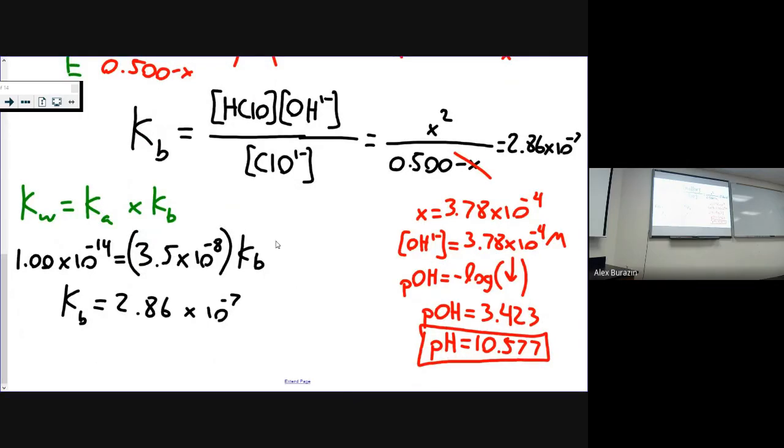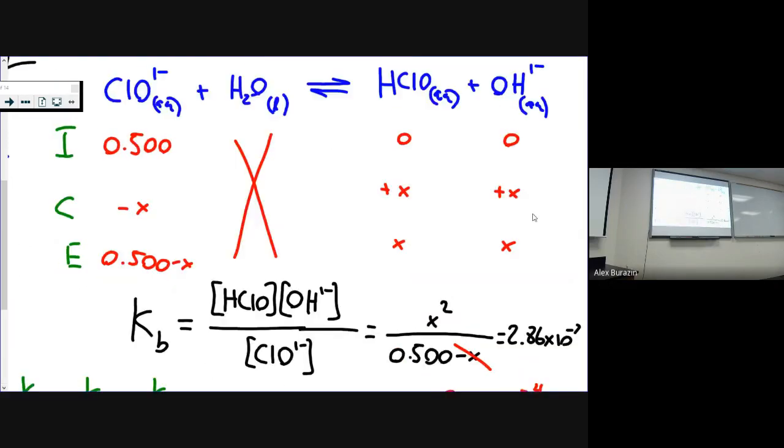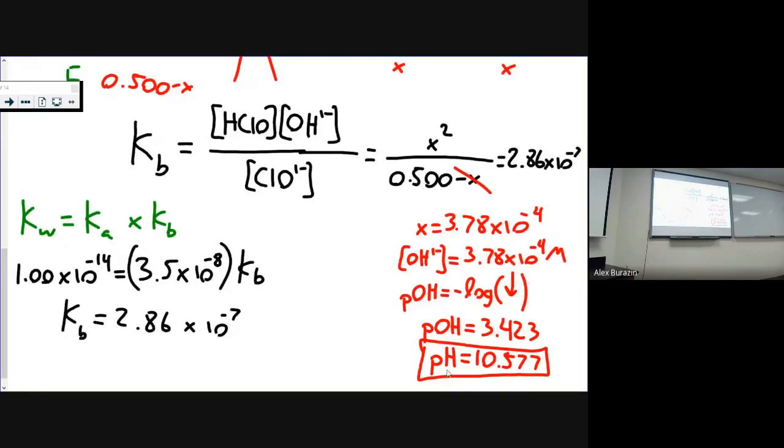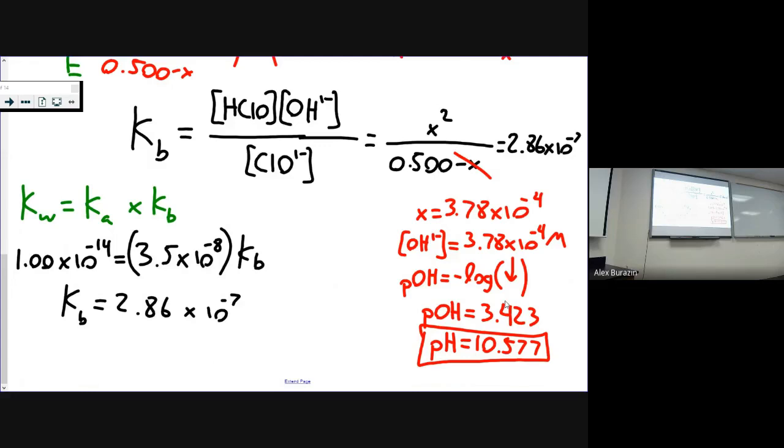We solve for Kb and set it equal to our K expression from earlier. Then we did the algebra and solved for x. X was hydroxide. Negative log of hydroxide gives us pOH. 14 minus that gives us pH. It was a doozy.